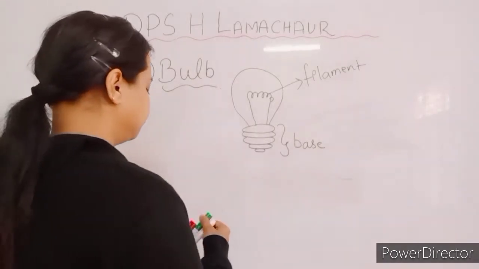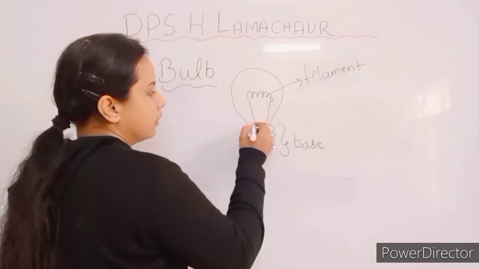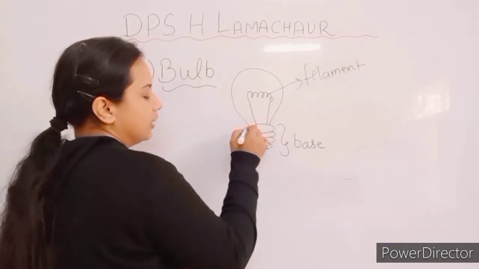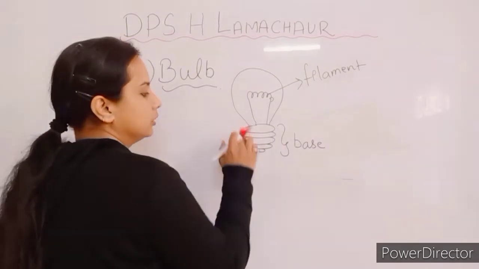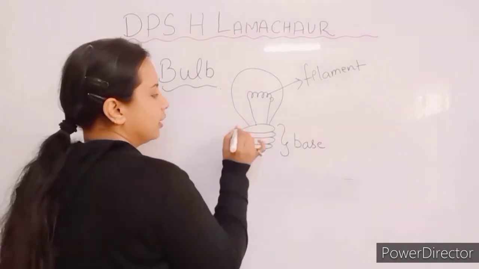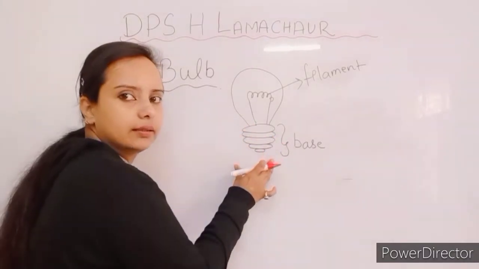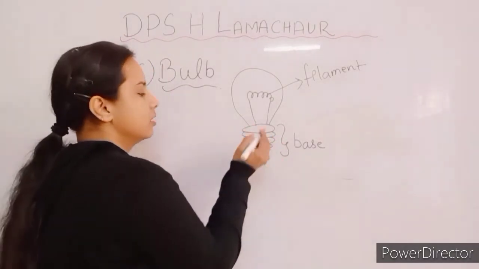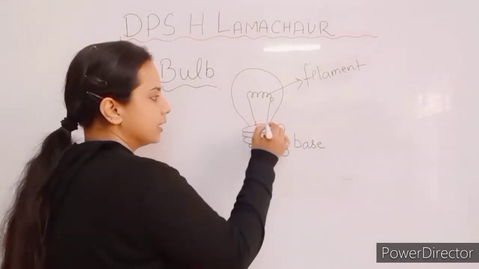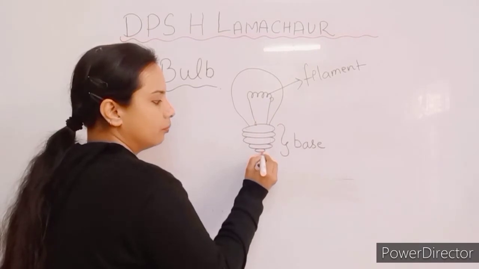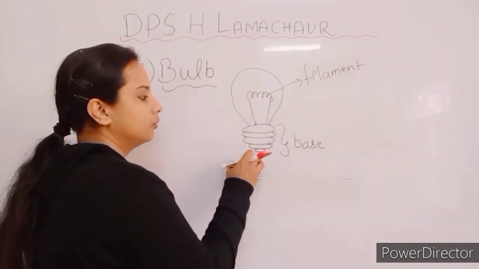So students, the ends of the wire are attached here, meaning these are the two terminals, one positive and another negative. This base is of metal, the metallic base. So one wire is attached here and the second one at the bottom of it. This is how the connection of the two terminals takes place.